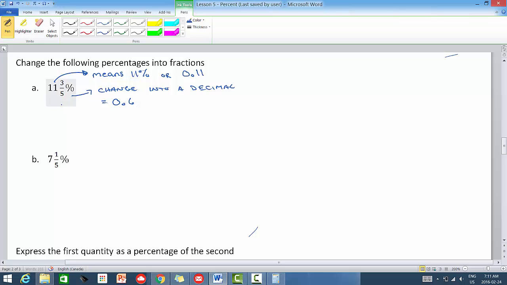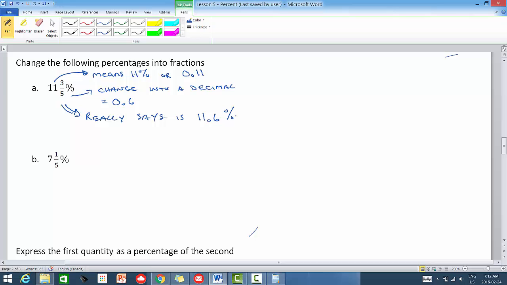So what this really says is 11.6%. Okay, so 11.6%.